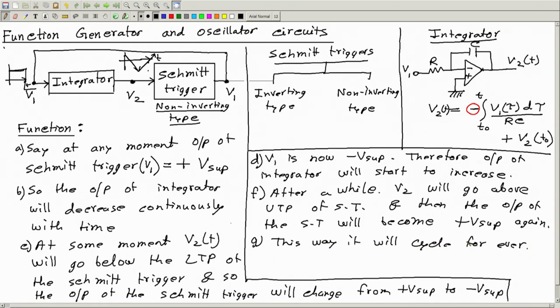Okay. So, now if we look at the voltage at say this point, V1, you see this voltage is going periodically between plus V supply and minus V supply. So this will be a periodic square wave.